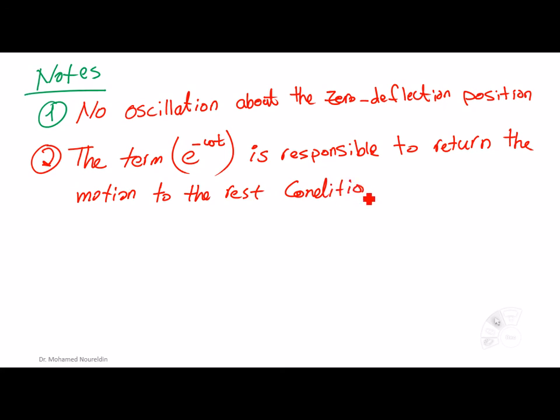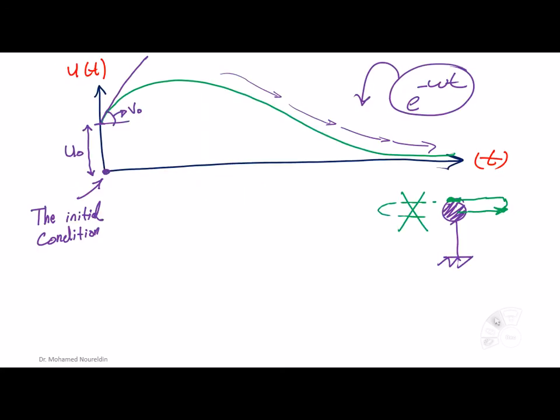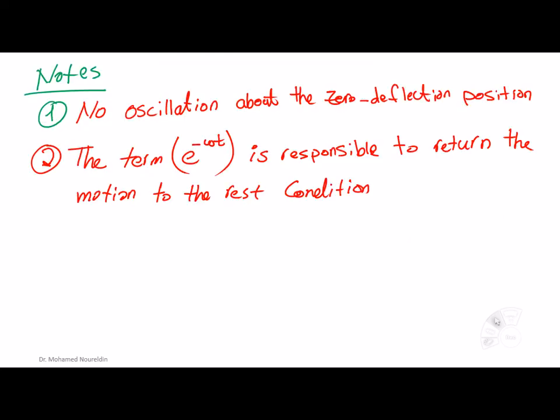That's very important. So if we go back here, you're going to find that this is due to the e to minus omega t, due to the decay term, which is returning the motion to its zero condition again.